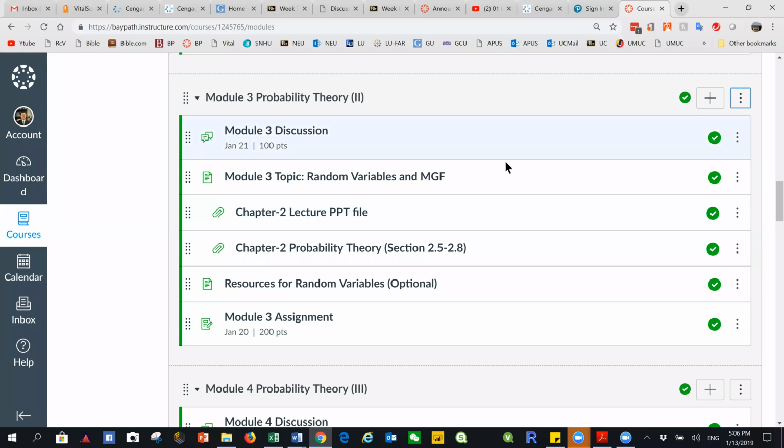All right, good. So for this week, module 3, it will get a little bit more technical. That's when you will study a little bit harder in order to get the hang of it, because it will involve calculation. Calculus. Involve differentiation and integration in the calculation of the probability.